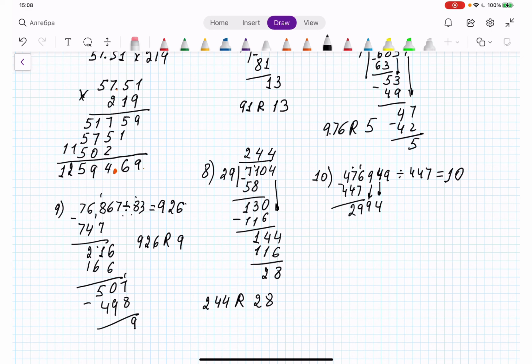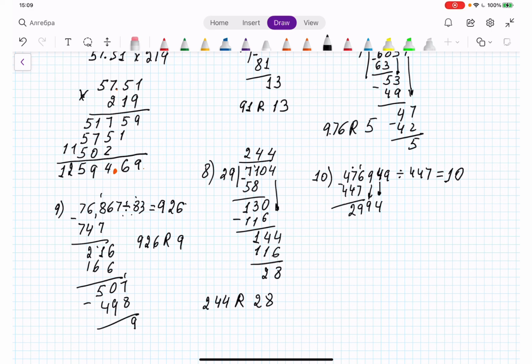Taking the first two numbers, 29, divided by 4. How many times can it fit? It's going to be 7 times, 28, but I have high numbers here, 9, 4, and here 4, 4, 7, I have 7. I think it can be way too much, so I'm being careful.